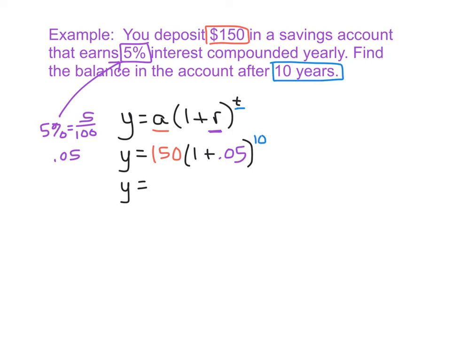When we compute that, we should get 244.33419, is what my calculator says. Since this is money, we should go ahead and round this to the nearest penny, which would be 33. So if you deposit that $150 in an account with 5% interest, the balance in the account after 10 years will be $244.33.